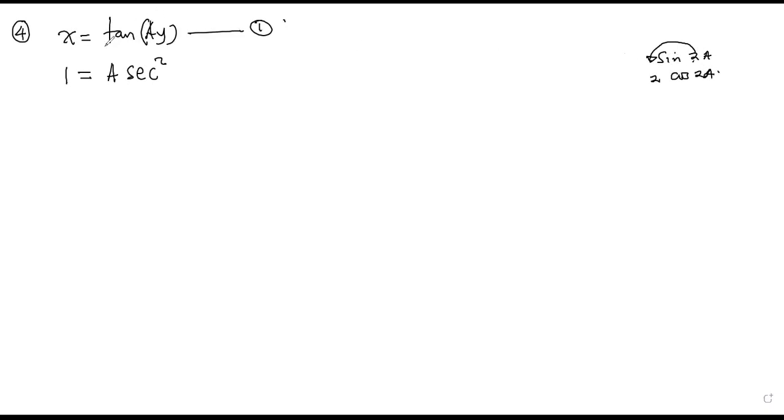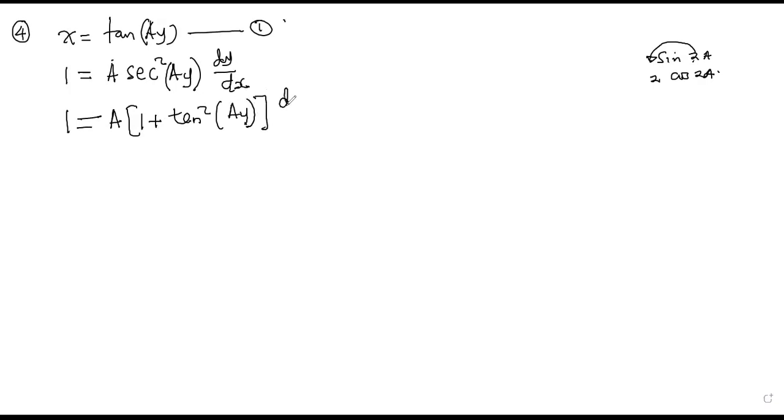I've dropped a constant a, then I differentiate tan, which would be sec squared ay, but because it is not in terms of x, I'll just say dy dx, implying that 1 is equal to a sec squared ay, which is the same as 1 plus tan squared ay.